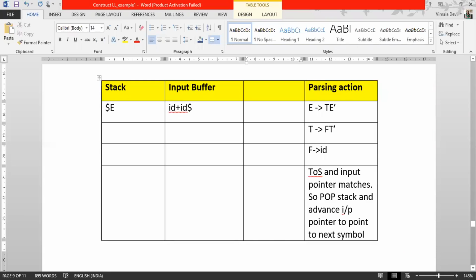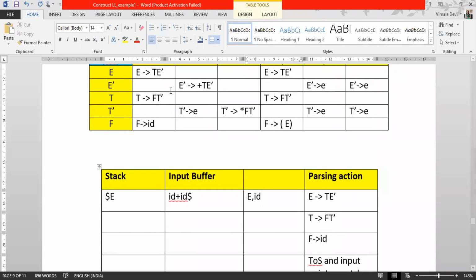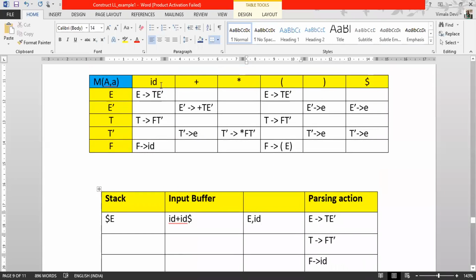The top of the stack is E, and the input symbol it is reading from the input tape is ID. So go to the parsing table, E comma ID, and check what rule is available there. So let us go and check. When I checked E comma ID, the rule available is E derives TE dash.